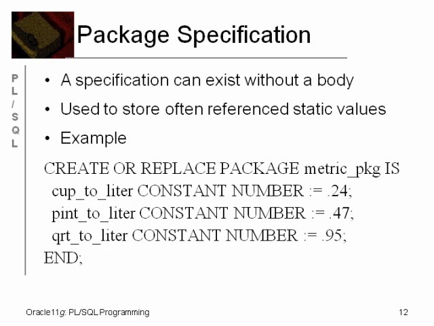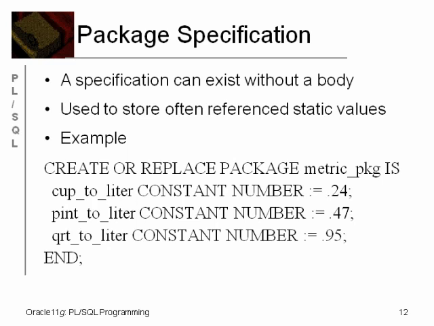Now, some notes here: a package specification can exist without a body. This is another characteristic of a specification. If it's used without a body, it's often used to store reference static values. The example they talk about in the book is that a lot of our calculations are based on US to metric conversions.